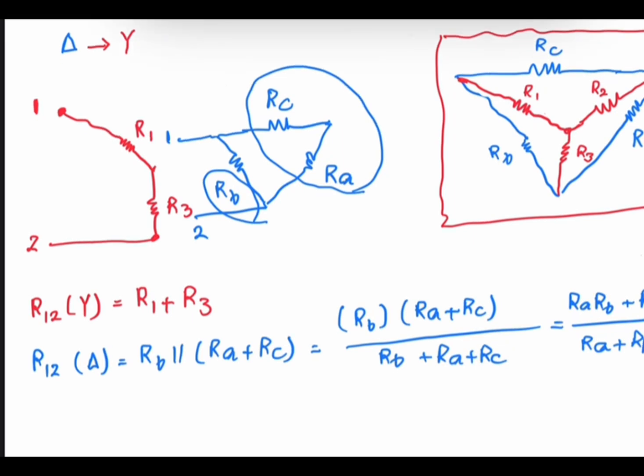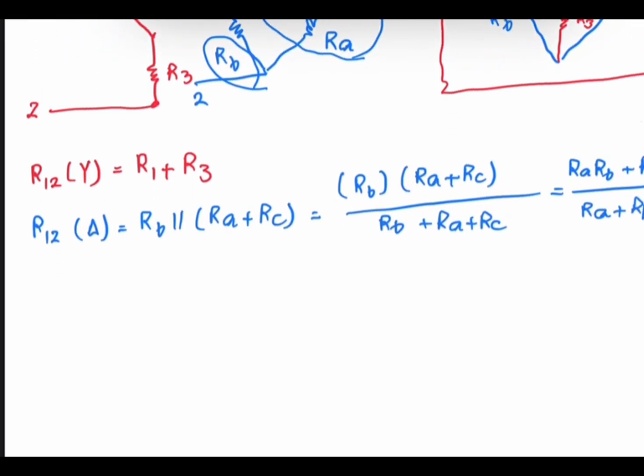Yes. Now, since these two terminals, regardless of the network, I mean Y or delta, must be equal, therefore I can say that R12 is equal to, if I write it in terms of the Y network, this.